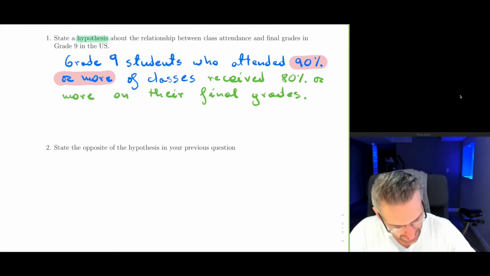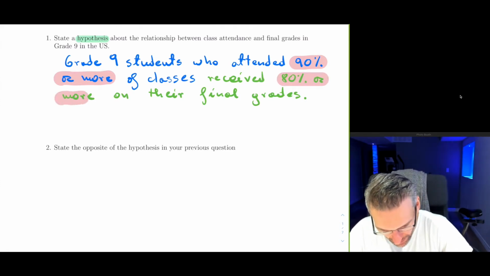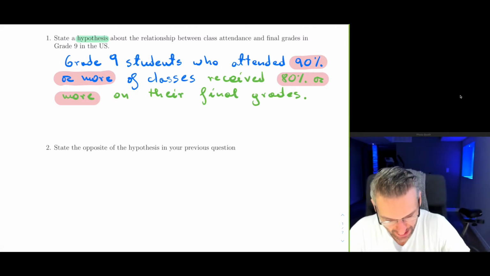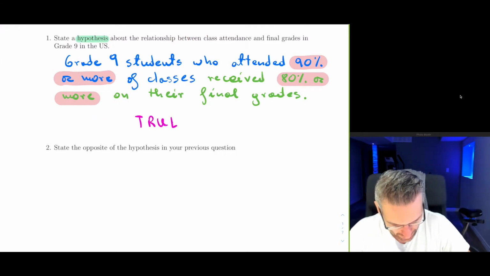Then the other thing is that they've received 80% or more on their final grade. That is also verifiable. Once a student finishes, you can check if they received 80% or more. So those are the key things that you should have within a hypothesis, that you should be able to make these hypotheses either true, by some data, or false.